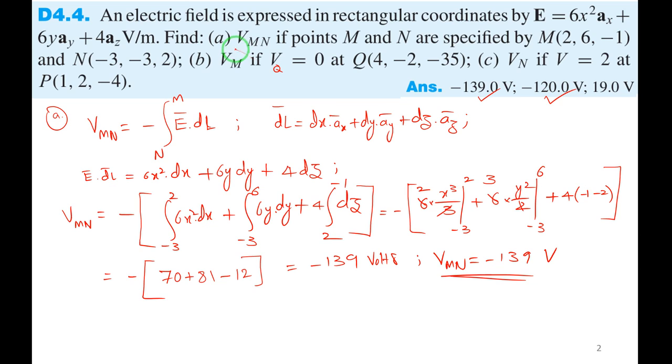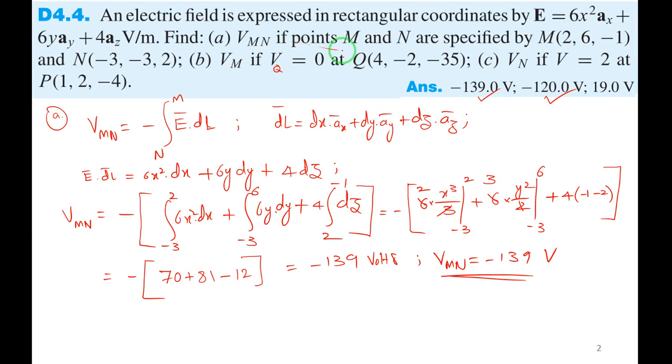So Vn if V equal to 2 at the point P of 1, 2, minus 4.